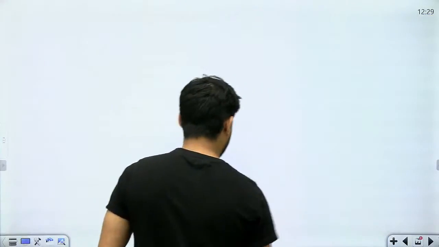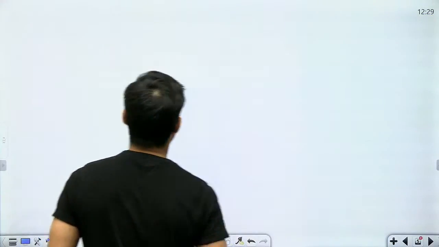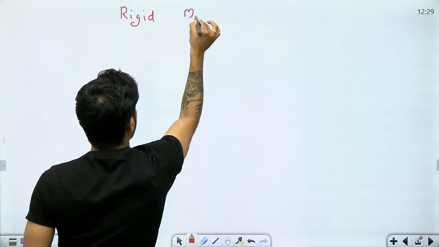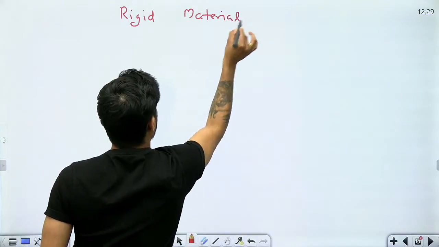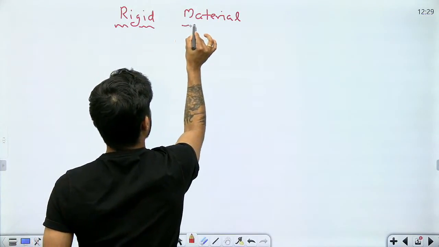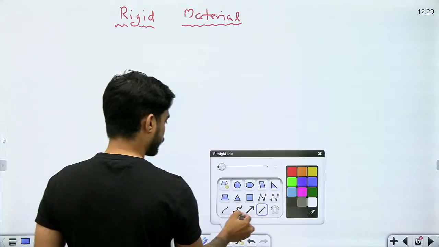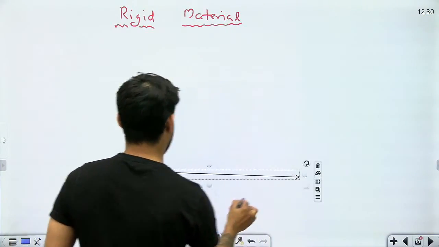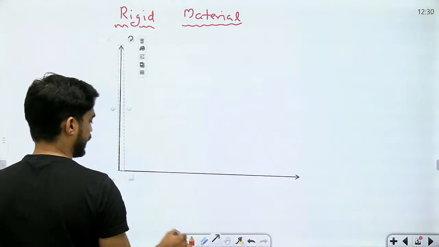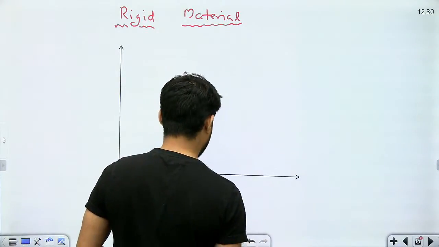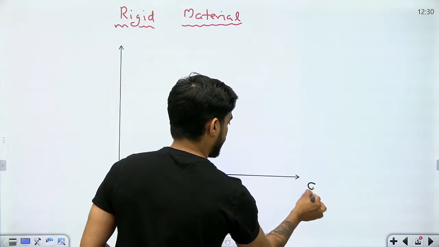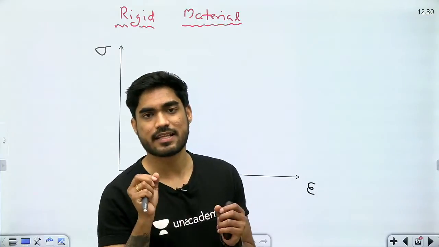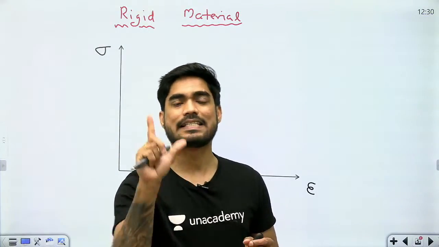Next we will see the stress strain diagram of rigid material. So if I draw the stress strain diagram of a rigid material, how will it look? Understand, a rigid material is one in which there will be no deformation, means the strain will always be zero.